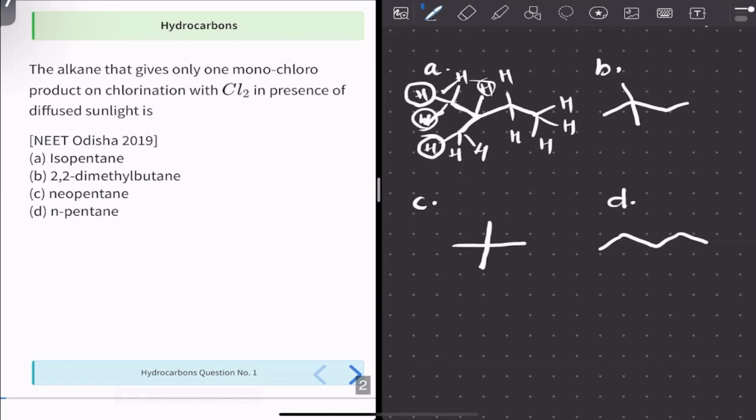But if you go nomenclature wise or structure wise, these are on the same position. Okay, because they are identical branching from the same carbon atom. Although there are six hydrogen atoms here, all of them have the same position. So we'll count as one unique position.